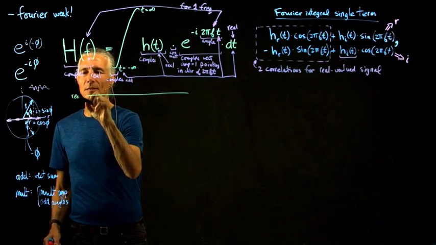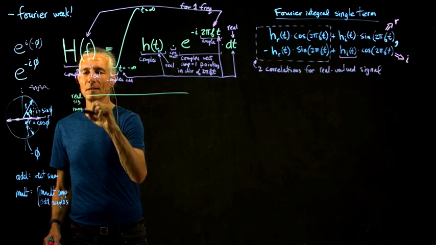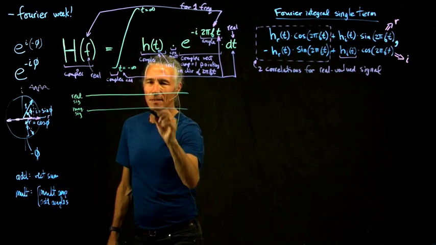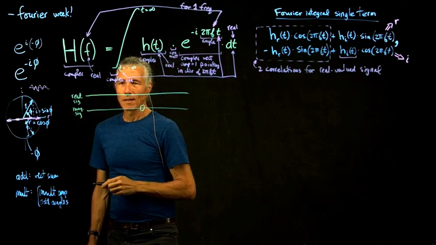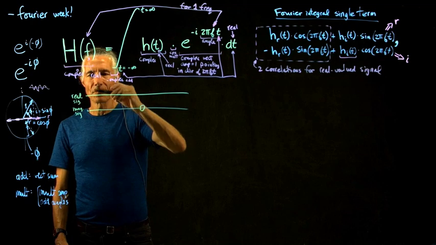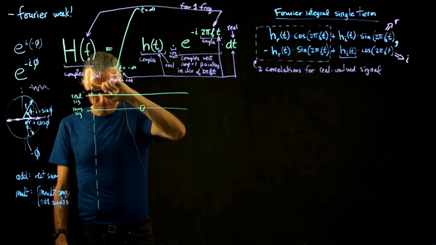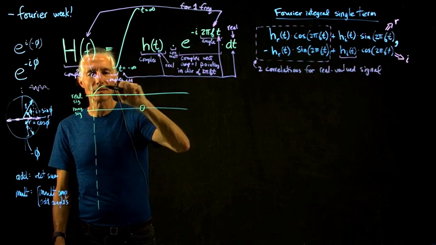So here's our real signal, and here's our imaginary signal. So the imaginary signal is 0, and the real signal is just some time signal.